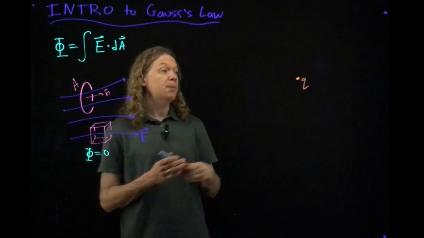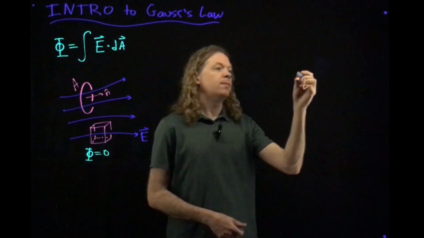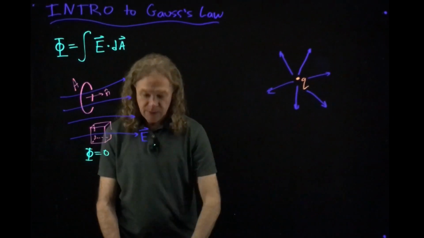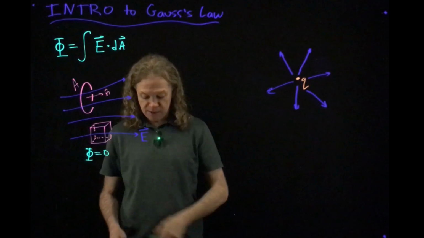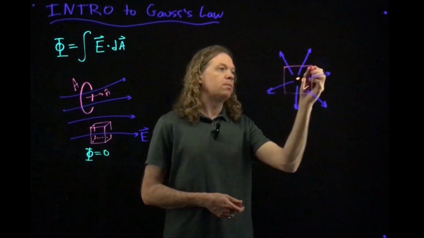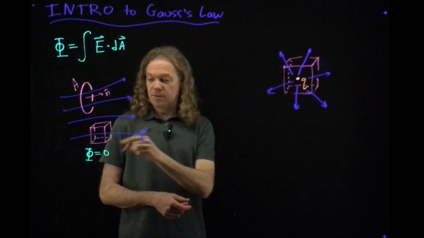So I'm going to do the same thing, but for a single point charge Q. First, let's add the electric field. And now let's add the same enclosed area that I drew over here. So that's the cube, right there.